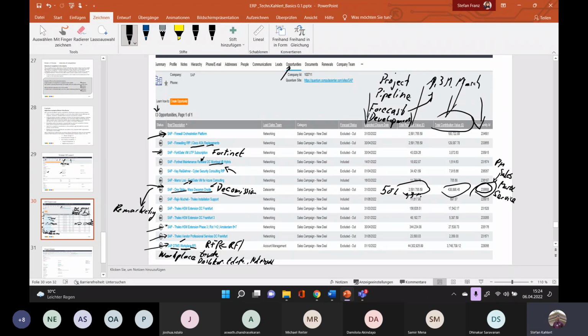The pipeline is then something, let's say, project, for instance, for this one here, it's in the future. It has a potential volume of 45 million and 3.7 million of profit, but it's not sure, will it come to an RFP or will it stay on the status of a request for information, and the RFP will not come in October.